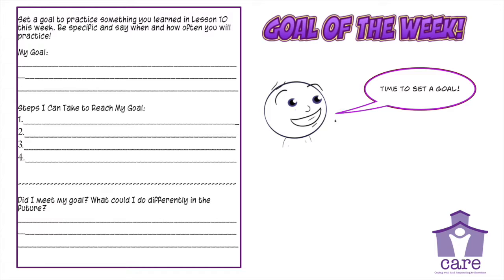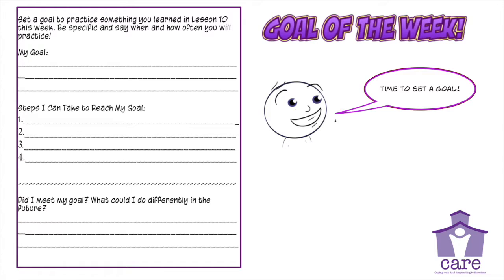Some examples for this week: maybe students want to set a goal to fill out their self-esteem journal every day. Maybe they want to set a goal to say at least 1 affirmation to themselves every day. Students can pick, just as long as they're picking some skills that we've practiced here in lesson 10.